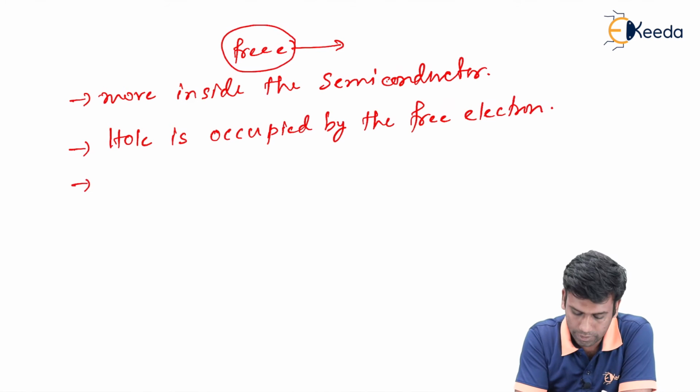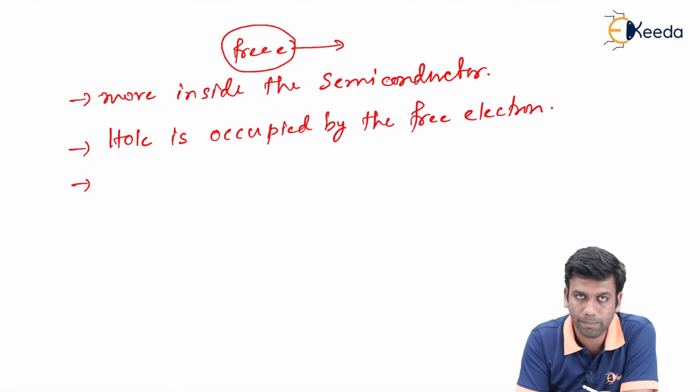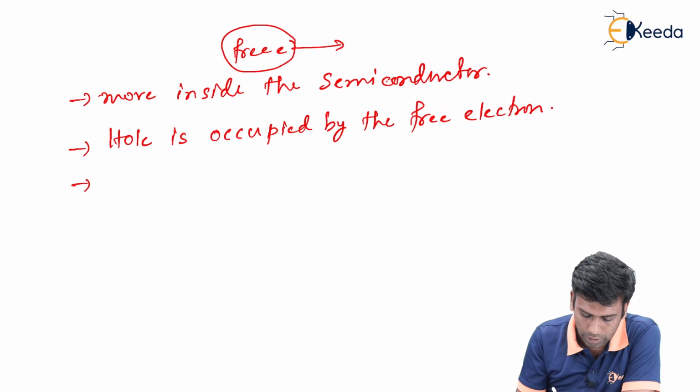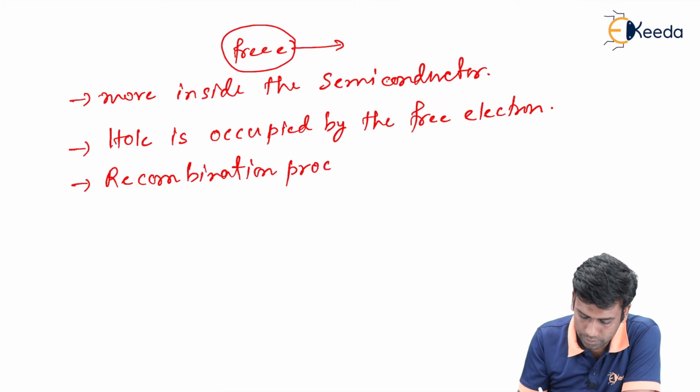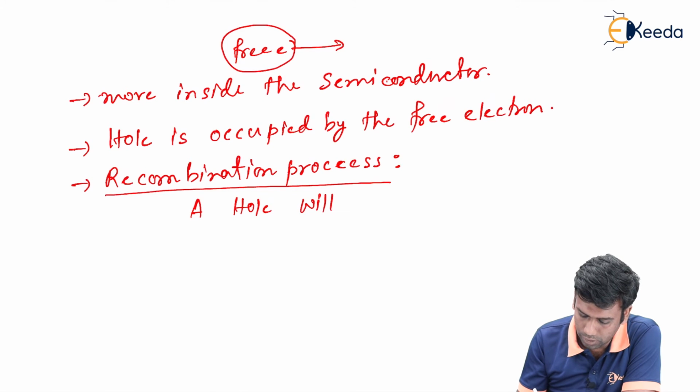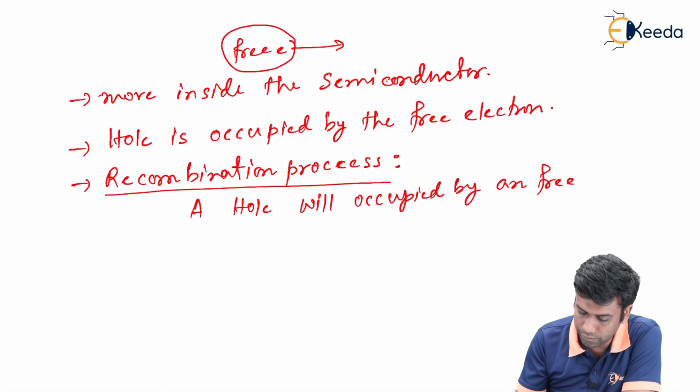So this process is called the recombination process, where the electron takes the position of the hole and occupies the hole. That is, a hole will be occupied by a free electron.